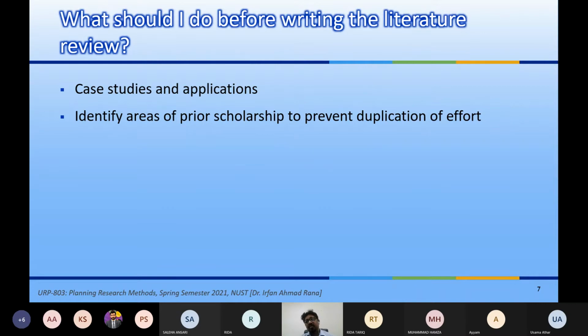Another student comes and says I want to do research on that, and their teacher says no, that research has already been conducted, so you don't need to do that research. But that student does not know that research has already been conducted because it's not available on the internet. It's not available as a paper. So if you publish your research, that is really helpful for all of us.